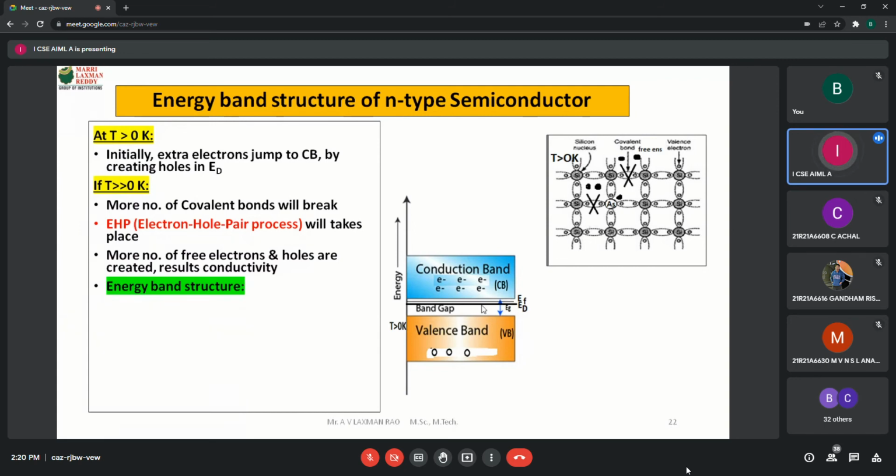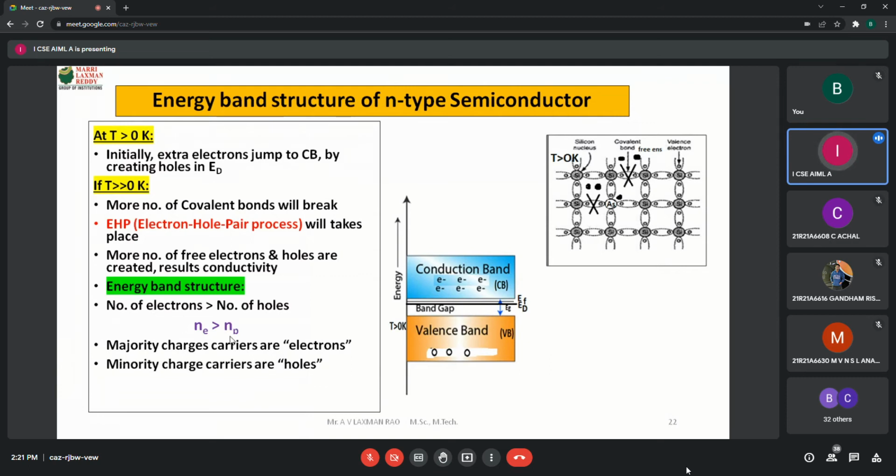With further increase in temperature, more and more covalent bonds break, more holes are created, and free electrons occupy the conduction band. Overall, what is happening here? More free electrons are available in the conduction band compared with the number of holes in the valency band. That's why Ne is greater than Np. Majority charge carriers are electrons.